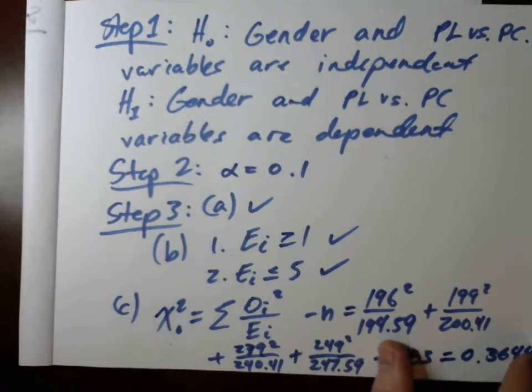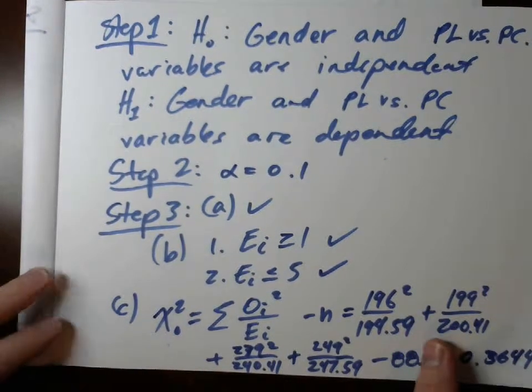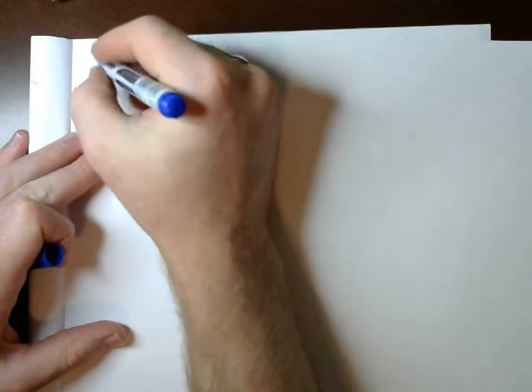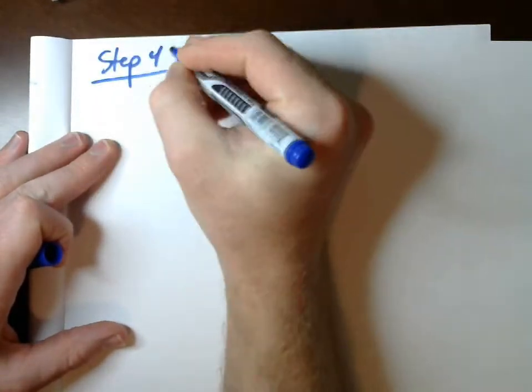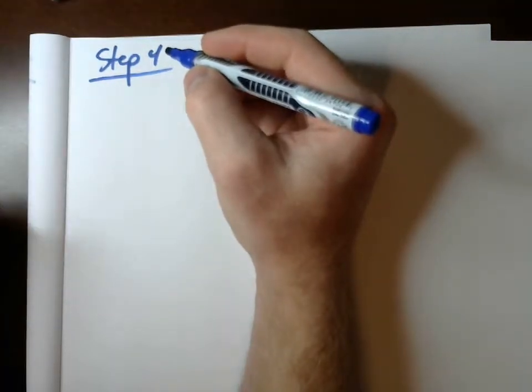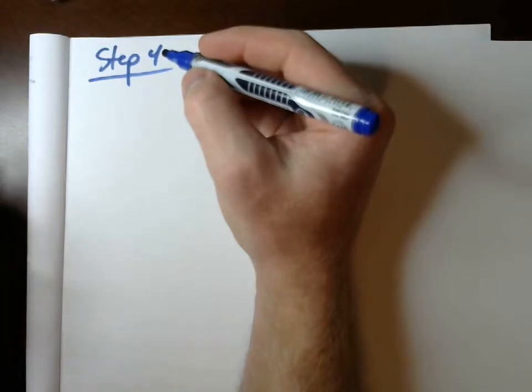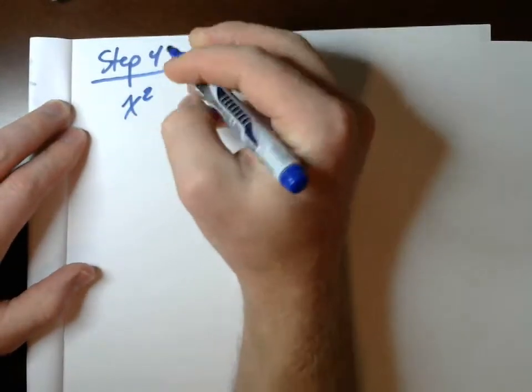Okay, so now we're on step 4. Step 4 is to find the critical value, and the critical value is chi-squared alpha.